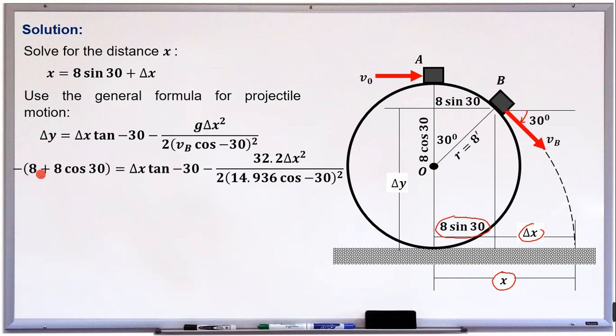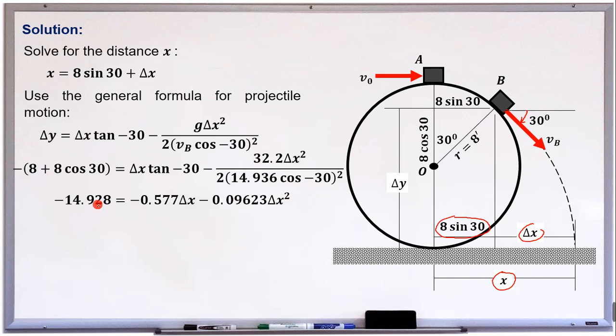So we have negative 8 plus 8 cosine 30 degrees is equal to delta x tangent negative 30 minus 32.2 delta x squared all over 2 times the 14.936 right here, which is the approximate value of our velocity at point B. In our projectile motion analysis, this is the initial velocity. Then multiplied by the cosine of the negative 30 degrees.